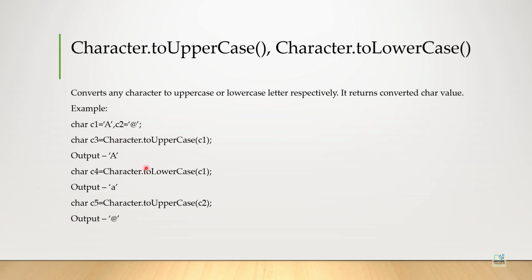For example, see the last example, I am passing @ which is in C2, the function will return me @ only. If I pass any lowercase letter, then the toUpperCase function will convert it to uppercase. Similarly, toLowerCase will convert any letter, whether uppercase or lowercase, to lowercase. But if I pass any other character, then the same character will be returned.